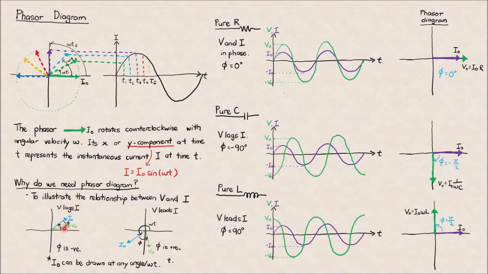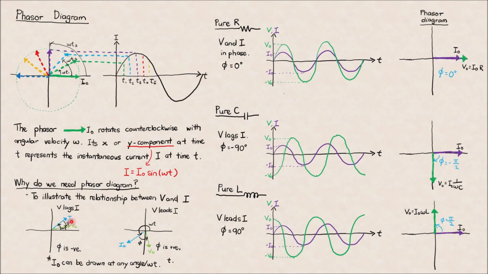So if you see here, the rotation should be positive. If you are turning this anti-clockwise, it should be positive. And you see that the phase angle phi here is going in the opposite direction. Okay, the phase angle must go from I to V, because phase angle is describing the angle of V naught with respect to I naught.